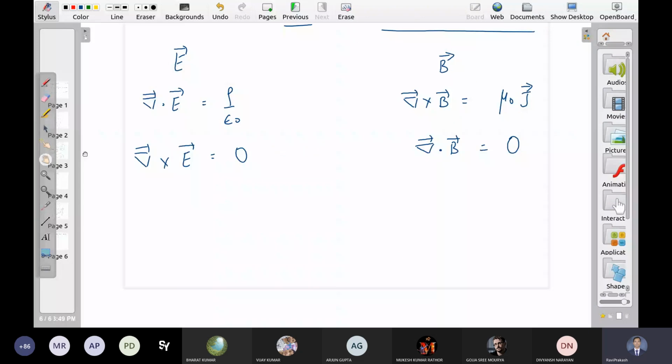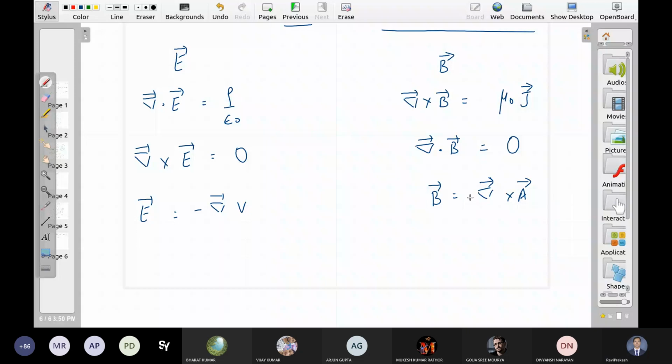Vector E is gradient of some potential. Vector B is curl of some magnetic field. Okay, this is the correspondence.